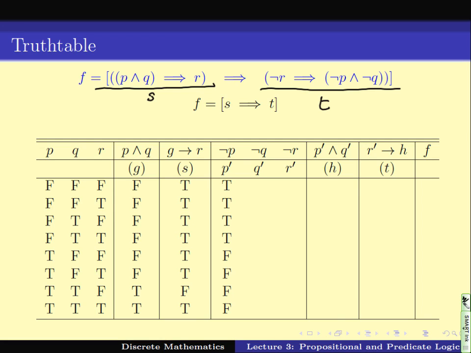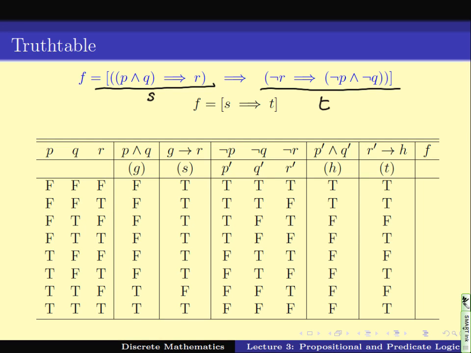Similarly, we can do the not of P and not of Q and not of R, using the truth table of not. And then I can evaluate what the value of T is by doing the same thing. First of all, doing it as not of P and not of Q, and then not of R implies not of P and not of Q. And once we have that, we have this S and we have this T, and does S imply T?